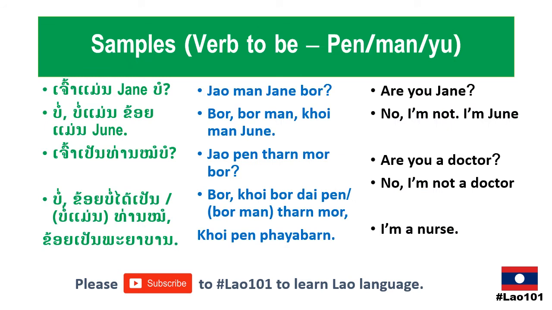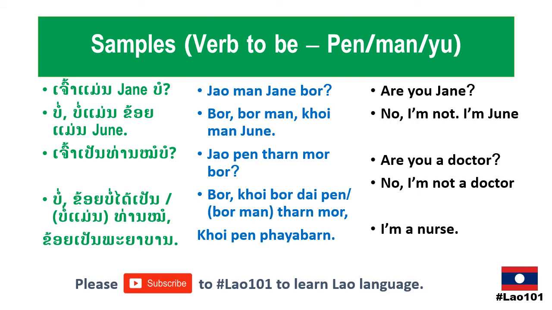Another example about saying no is with the verb to be. It is quite similar to English in a way that if you ask starting with do, you answer by saying do. But if you ask with the word can, you can answer with can.